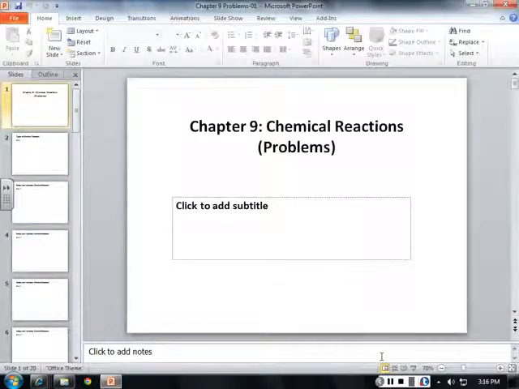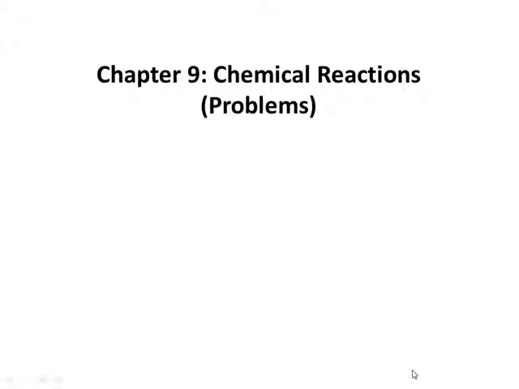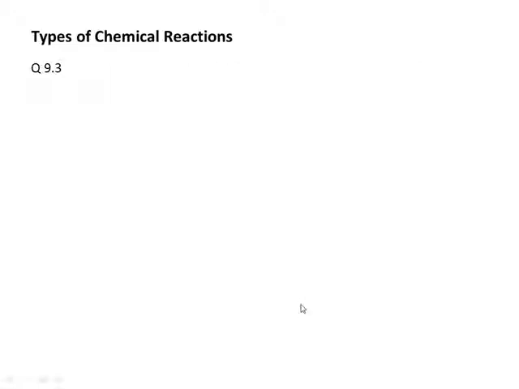Okay, so today we are going to solve some problems from Chapter 9, Chemical Reactions. Let's get started with types of chemical reactions. I've selected 9.3, which has several reaction equations given and wants us to categorize them as being either combination reactions, decomposition reactions, displacement, exchange, or combustion reactions.